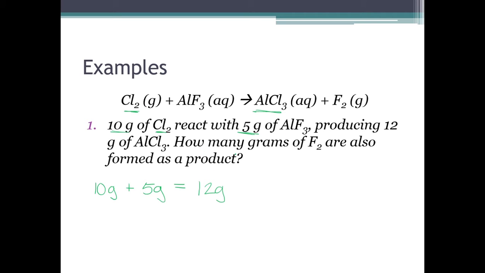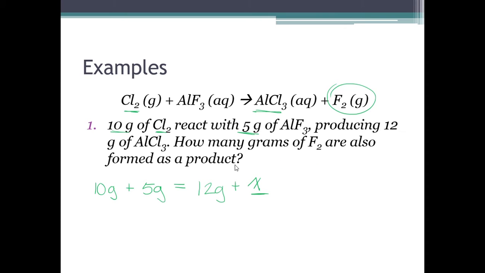And then how many grams of fluorine are also produced? So we are looking for this. So we can do plus and leave it as F2. We can call it X. I'm probably going to call it X because it's less writing, but this is what we are going to solve for.